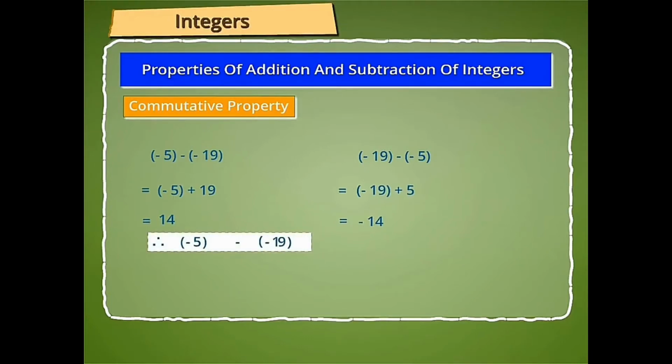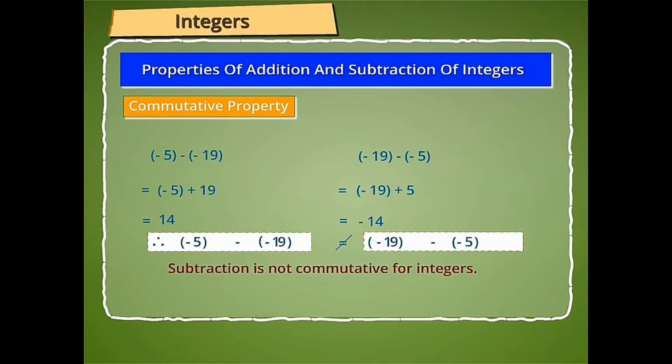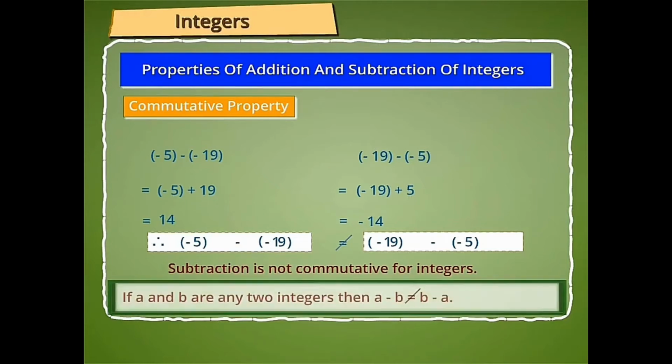Therefore, minus 5 minus minus 19 is not equal to minus 19 minus minus 5. Thus, subtraction is not commutative for integers. Hence, if a and b are any two integers, a minus b is not equal to b minus a.